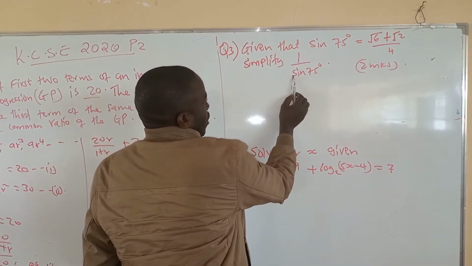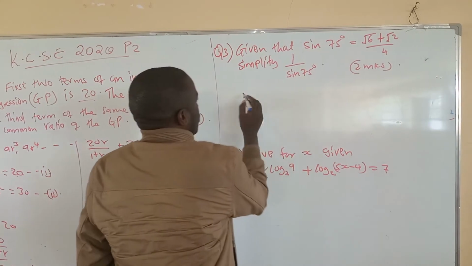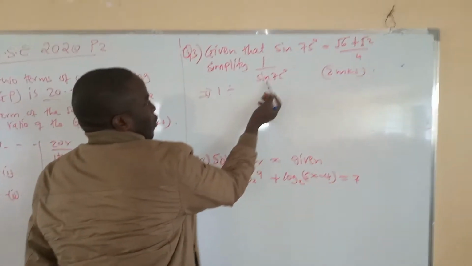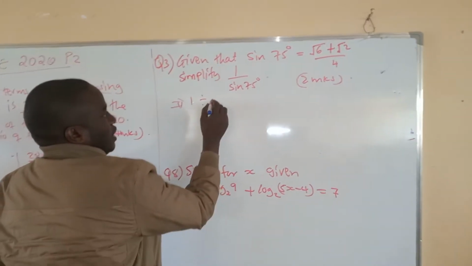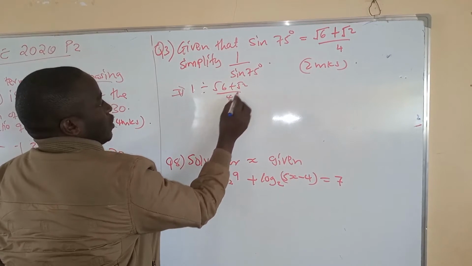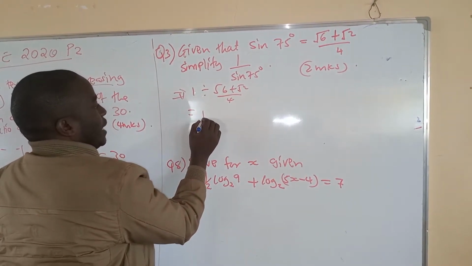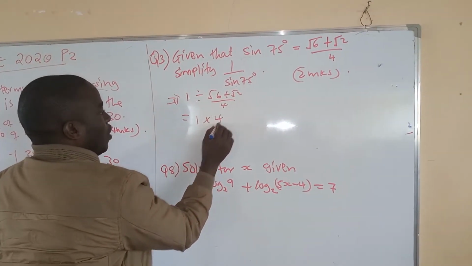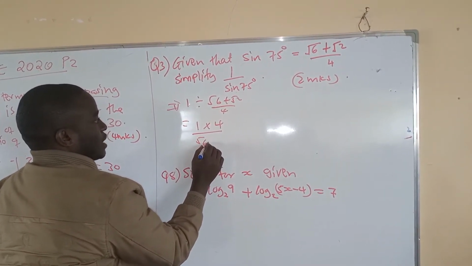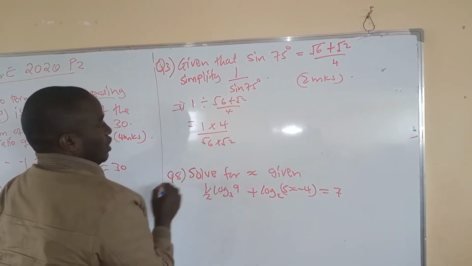Whenever we have sine of 75, replace it with this. So we shall have 1 divided by, where we have sine of 75, we replace this, root of 6 plus root of 2 all over 4. So this is the same as 1 times 4 all over root of 6 plus root of 2.